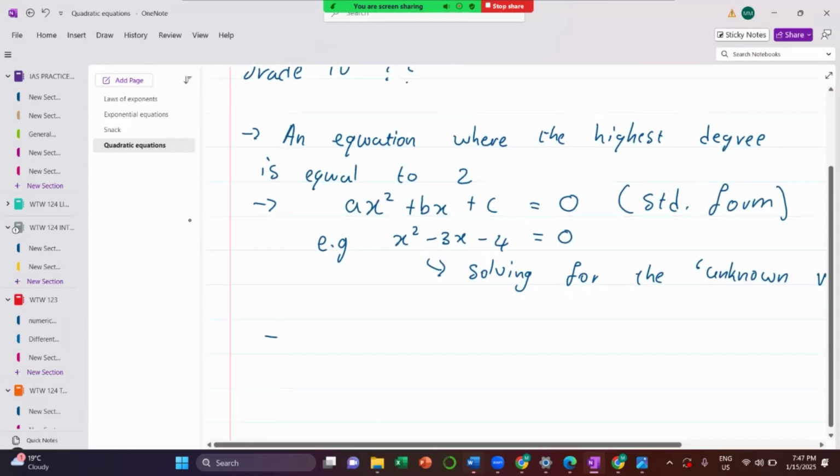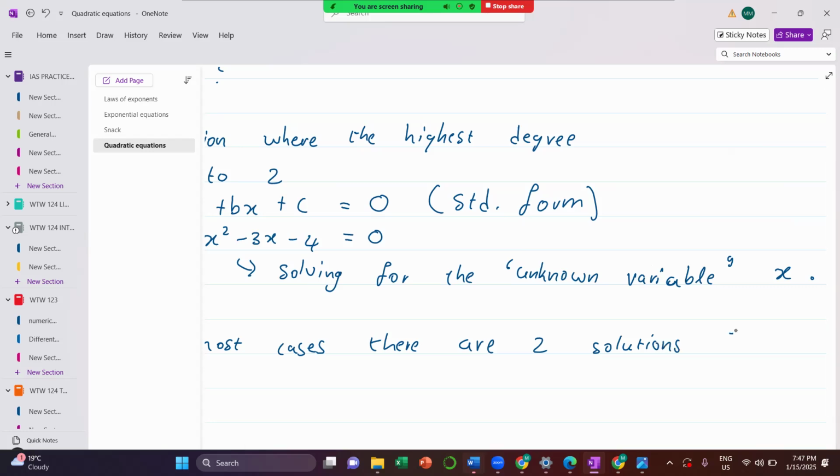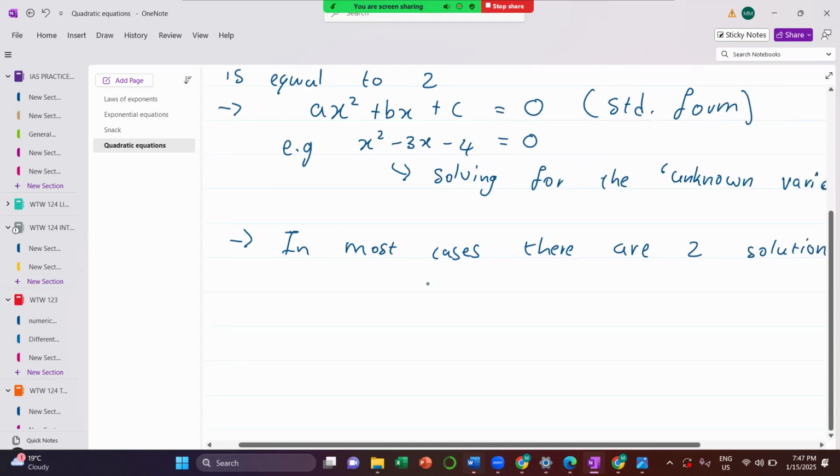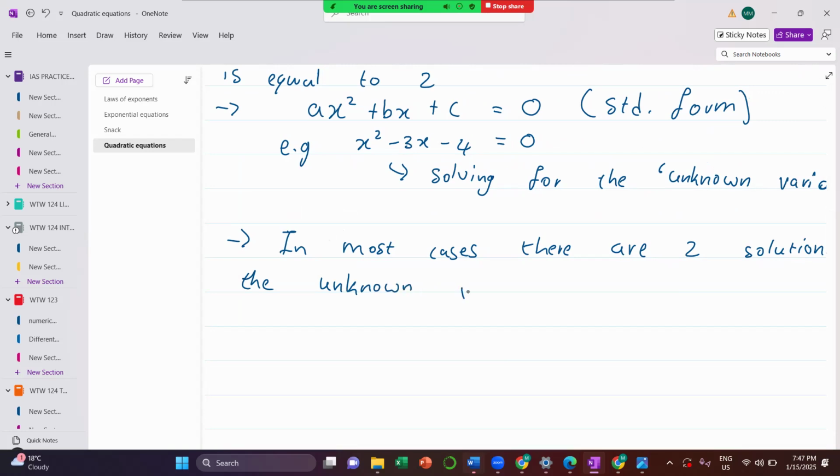And normally, or in most cases, there are two solutions for the unknown variable.